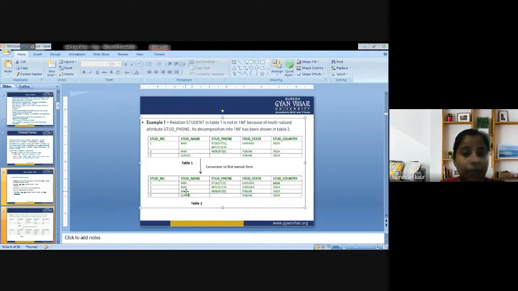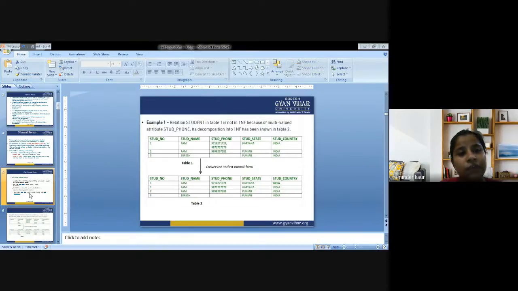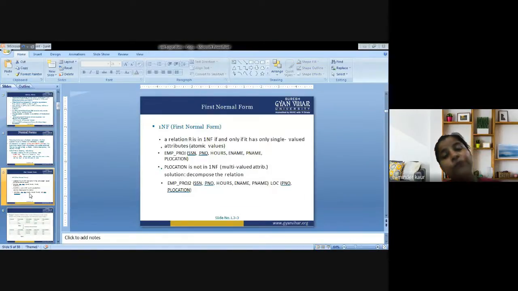Again, I am repeating, there are certain conditions that are associated with first normal form. A relation is in 1NF if and only if it has single valued attributes, and it is not the case that it consists of multi-valued attributes. So have a look at the example, employee project number 1 and employee project number 2.